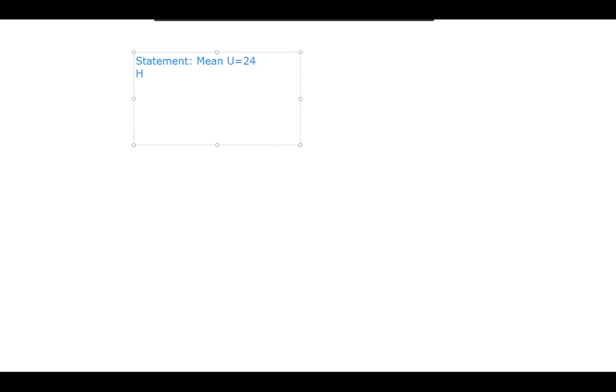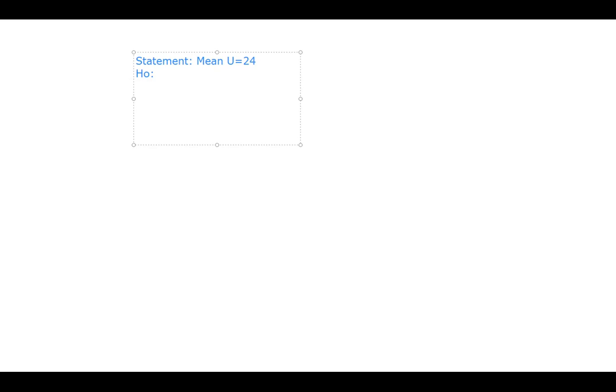Hypothesis is normally written as H0. H0 is mu equal to mu 0, and H1 is mu not equal to mu 0.